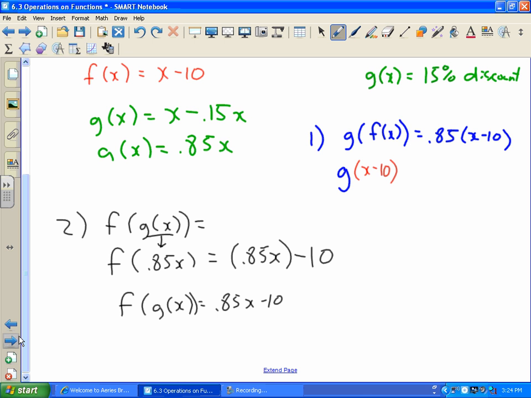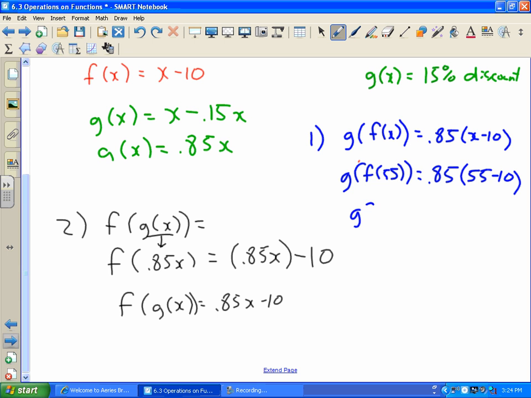So if g of f of x is 0.85 times x minus 10, and f of g of x is 0.85x minus 10, I can find both of those values. In other words, let me find g of f of 55, which is going to be 0.85 times 55 minus 10.